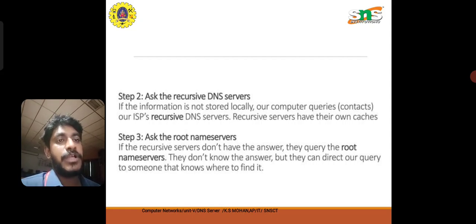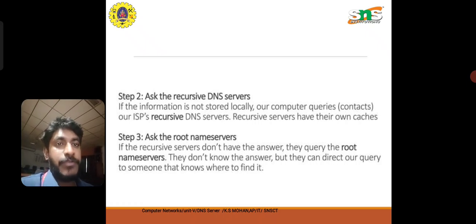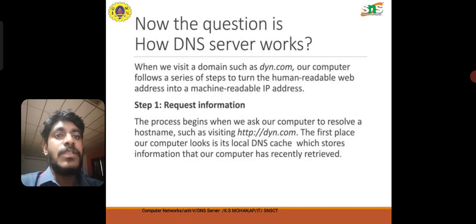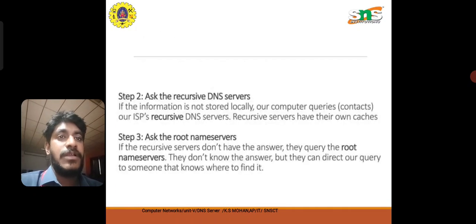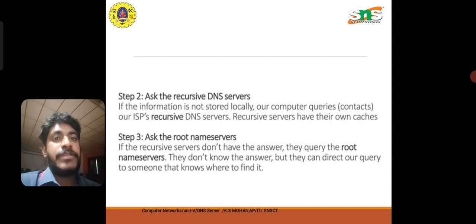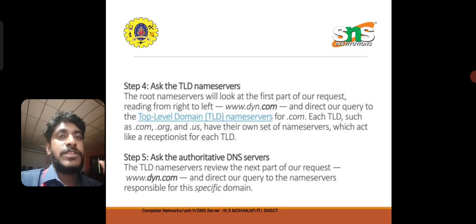The root servers don't know the answer, but they can direct our query to someone who knows where to find it. Then the fourth step is to ask the TLD name server, and likewise to ask the authoritative DNS server.